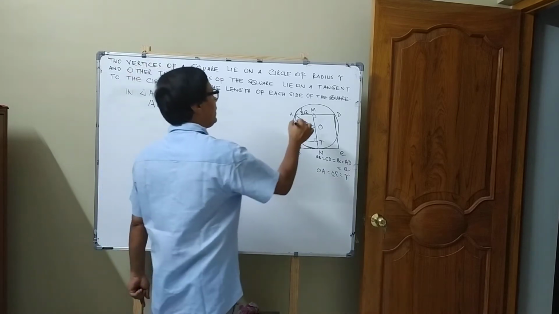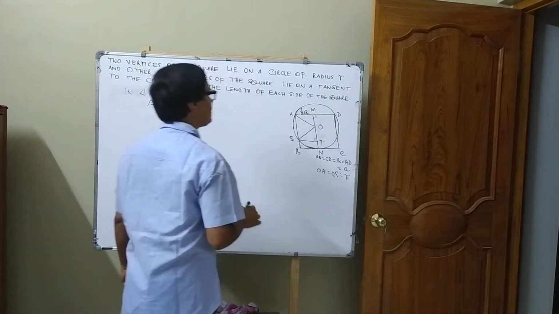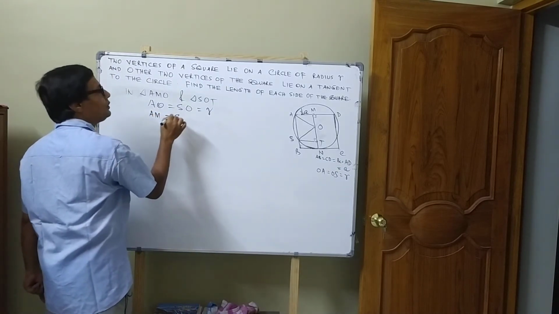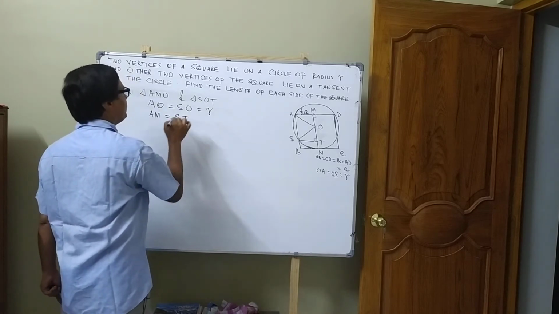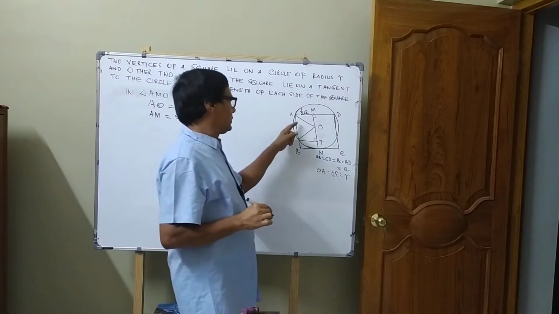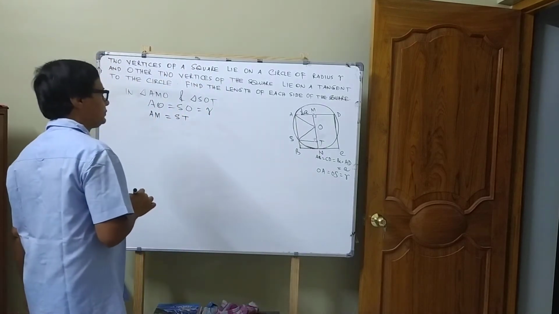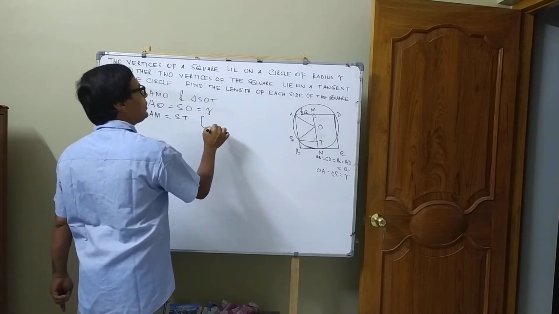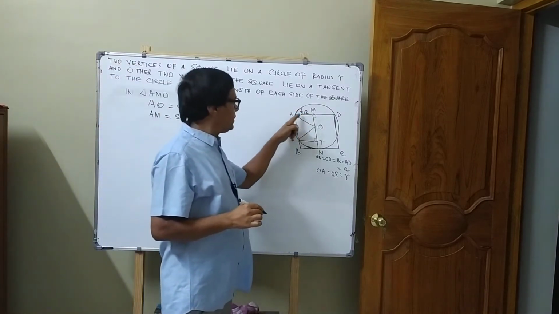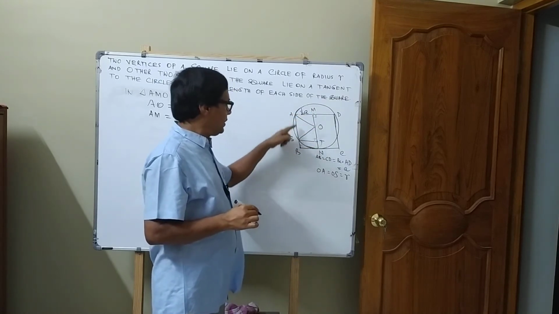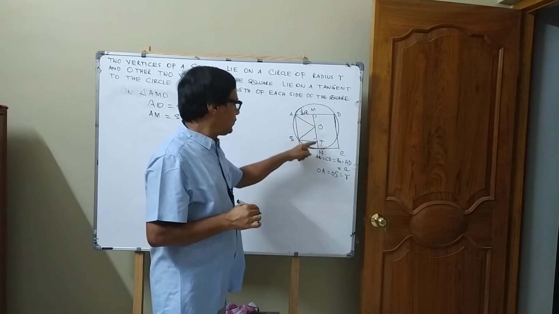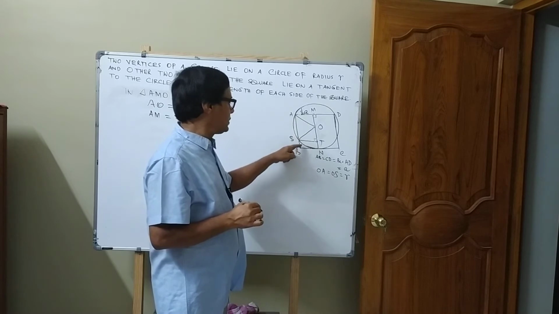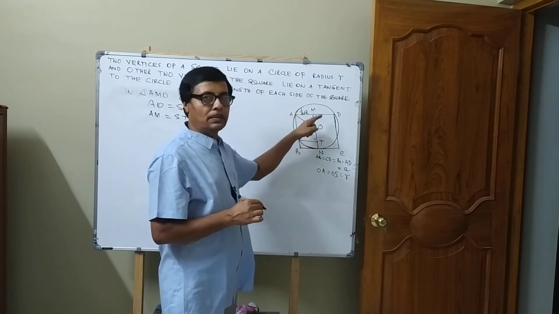And also AM equals ST. We can easily verify that AMNB is a rectangle, because these angles are 90 degrees, since they are angles of the square.